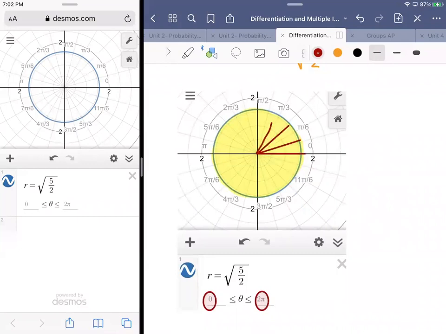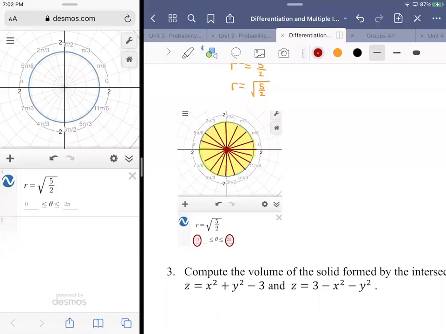So you work your way around in terms of theta. I'll just get a few in. You know what? It just occurred to me the rings were already there, so I probably didn't even need to shade it. Okay, so we're working our way around.